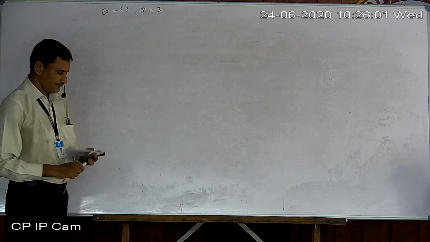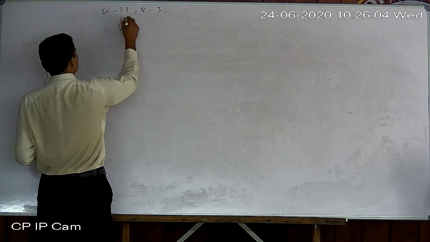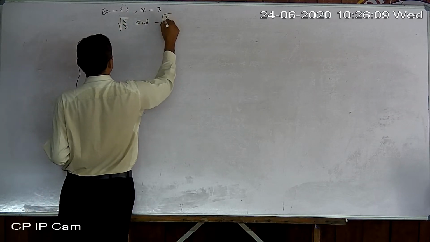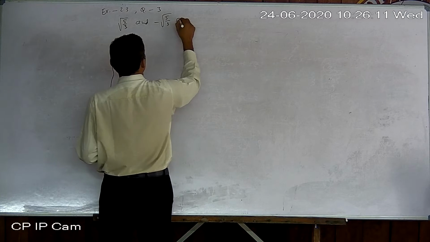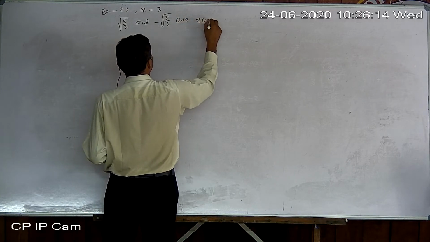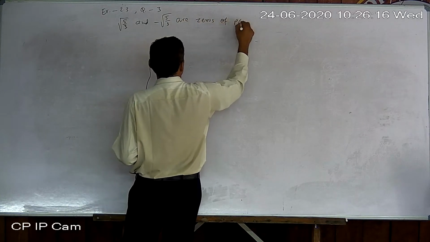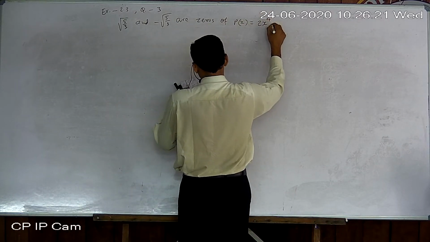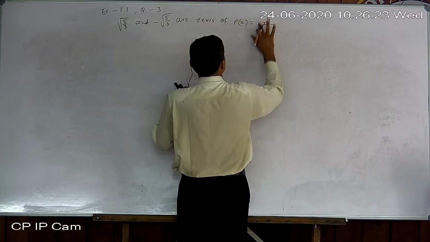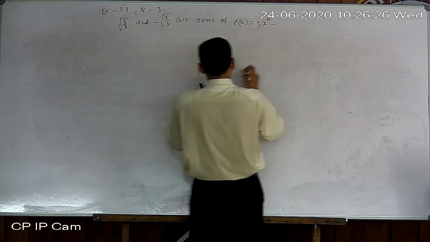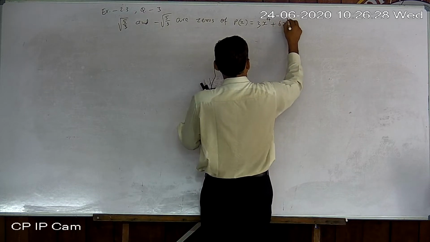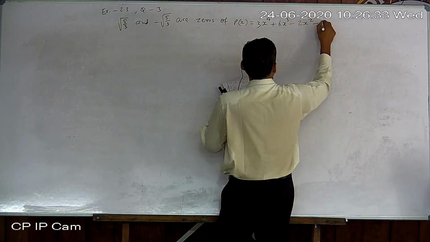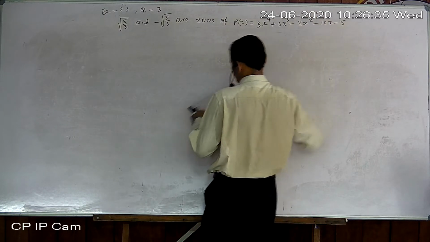What is the question? Root 5 by 3 and minus root 5 by 3 are two zeros of the polynomial p of x, 3x raised to 4 plus 6x cube minus 2x square minus 10x minus 5.